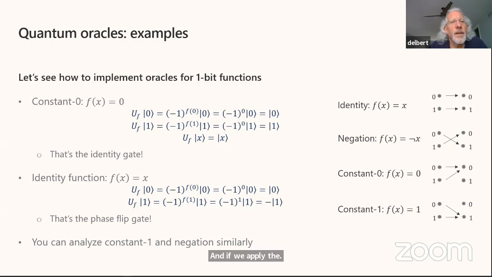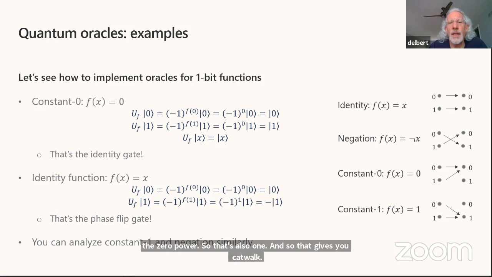We take -1 to the 0 power, which is 1, and multiply that by ket 0 and we get ket 0. If we take ket 1 and pass it into this function, then it's -1 to the, oh wait, I'm sorry, because f of 1 is 0, it's -1 to the 0 power. So that's also 1, and that gives you ket 1.